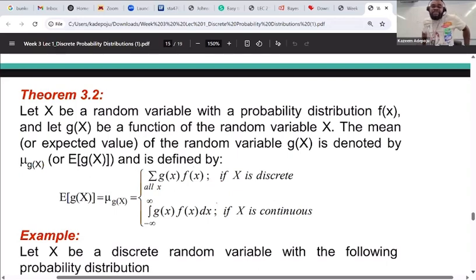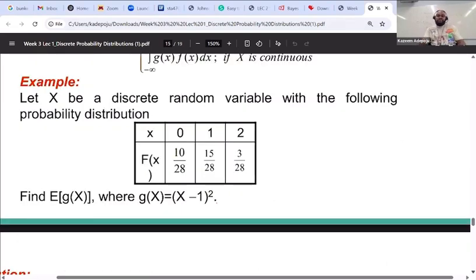Let X be a discrete random variable with the following. You can see they've given you a table with 0, 1, 2 and the probability function. Find the expected value of g of X. What is g of X? g of X is X minus 1, all squared.